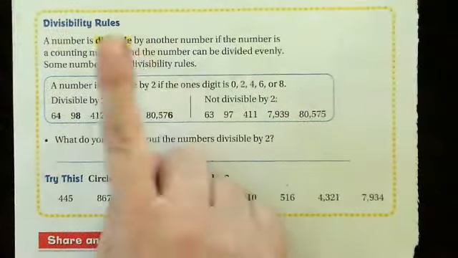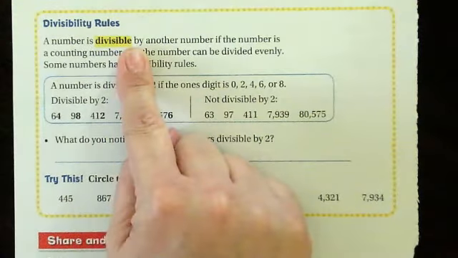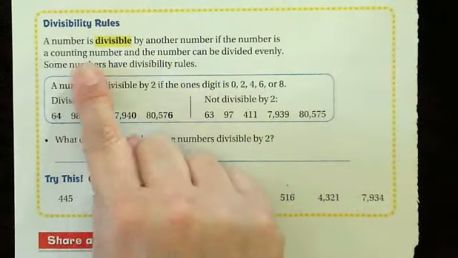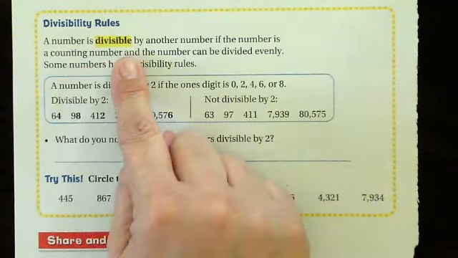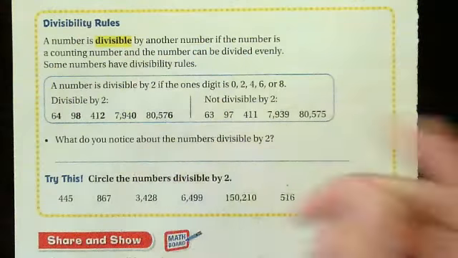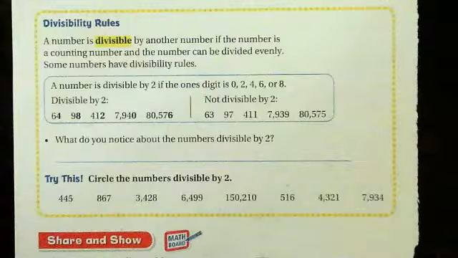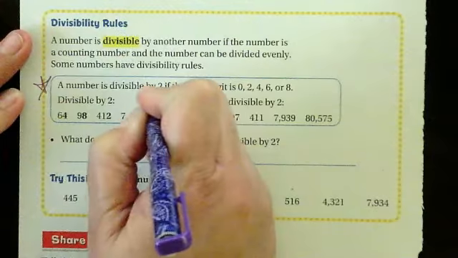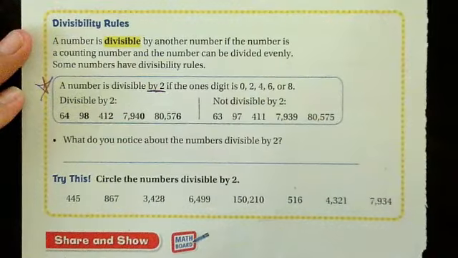A number, I'm reading from right here, a number is divisible by another number if the number is a counting number and the number can be divided evenly. Some numbers have divisibility rules. This one is for dividing by 2.